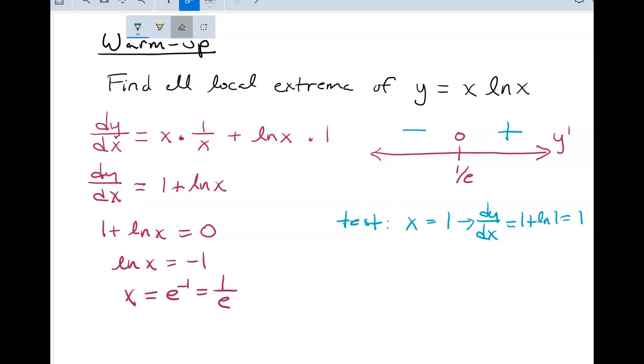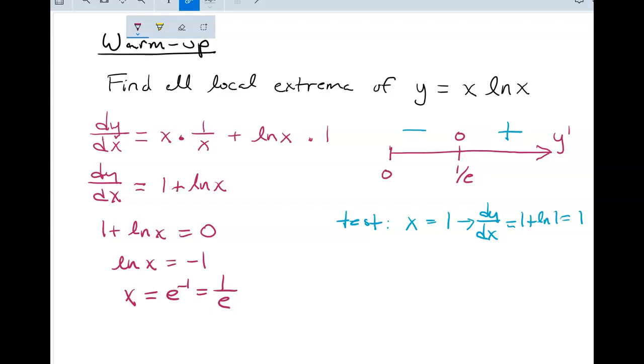Now, of course, if I want to be really correct about this, the domain of this original expression is x greater than 0, since the domain of a natural log function is x greater than 0.